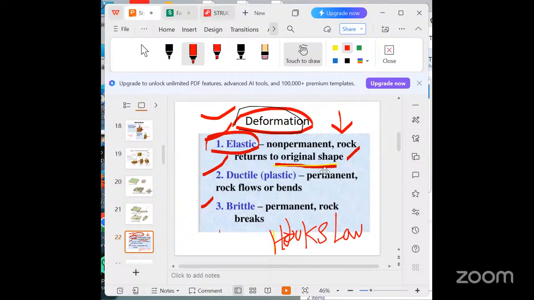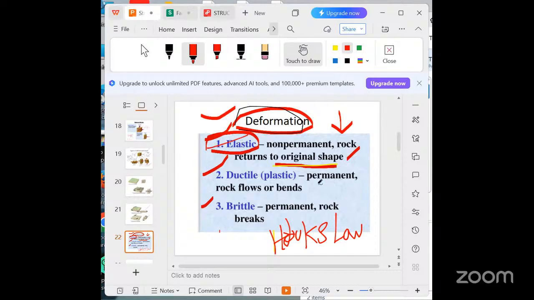So this is the elastic deformation. This is an important question in your examination. They are asking, write about the three stages of deformation. So you can write elastic, ductile, brittle, right?